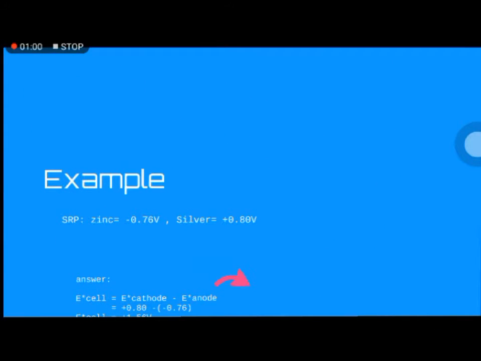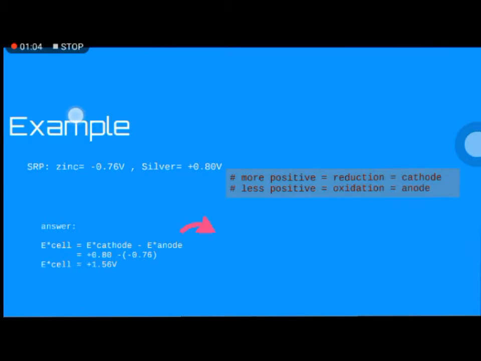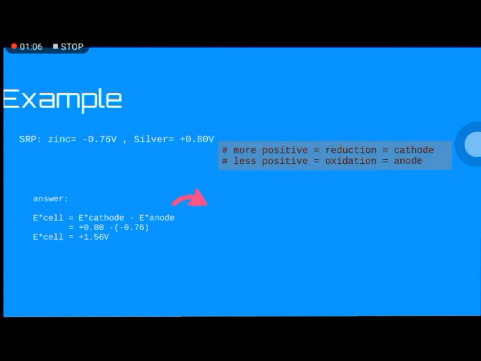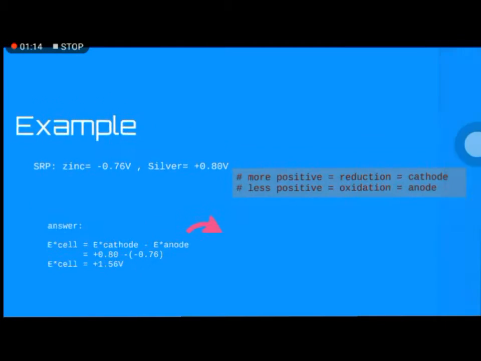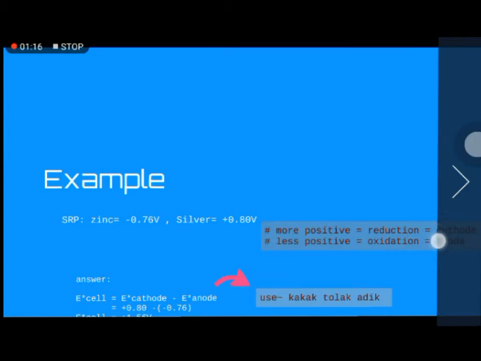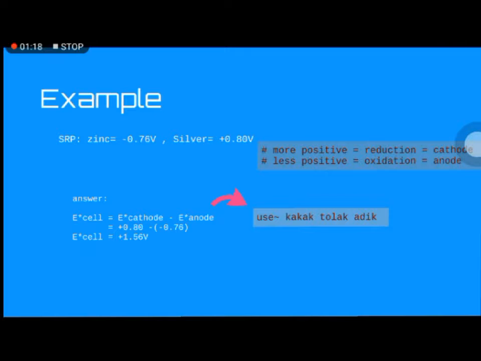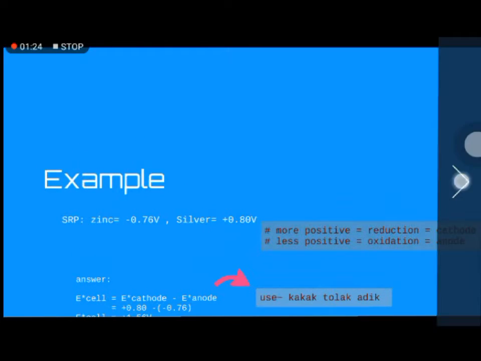For example, zinc and silver. You must remember that if it is more positive, it undergoes reduction and it is at cathode. If it is less positive, it undergoes oxidation and it is anode. You must remember to use kakak tolak adik to find the standard cell potential.